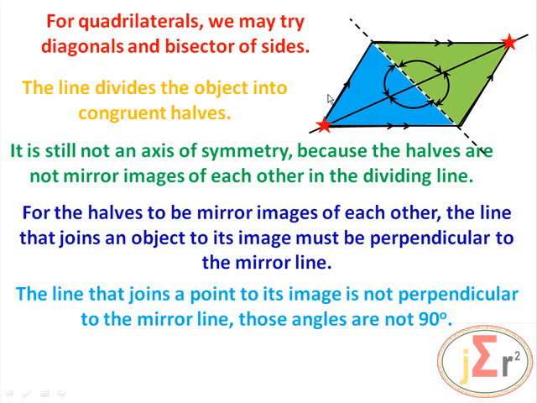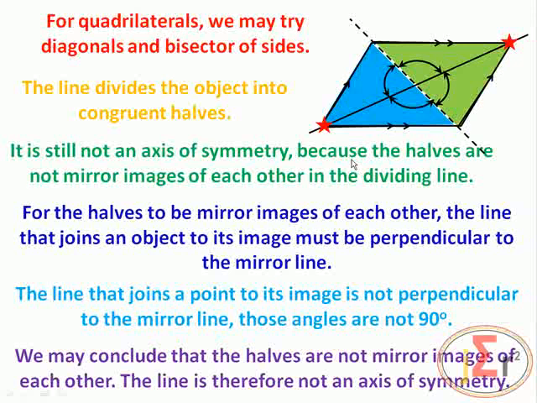Since they are not perpendicular, then we know that we do not have a line of symmetry. We may conclude that the halves are not mirror images of each other. The line is therefore not an axis of symmetry.